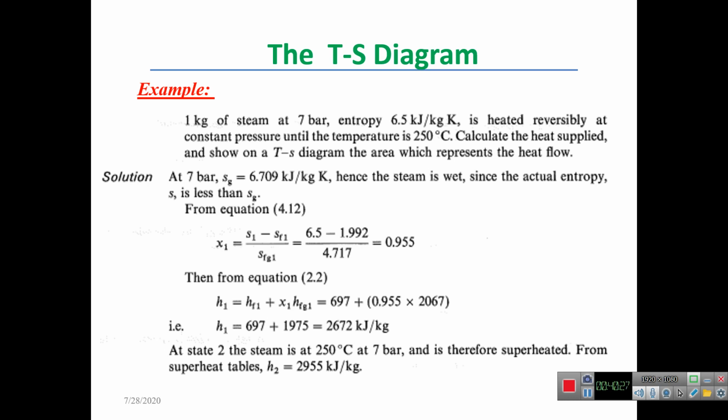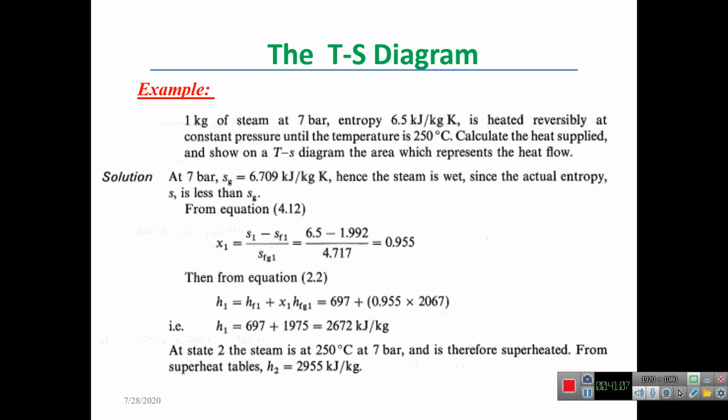Now, as I said before, first of all, remember always to put the given data. So the given data here is that P1 equals 7 bar. Now, at 7 bar, when you go to the steam tables or the tables of properties, you can find what is the saturated vapor entropy and what is the liquid entropy.